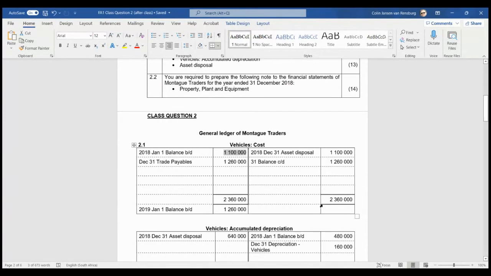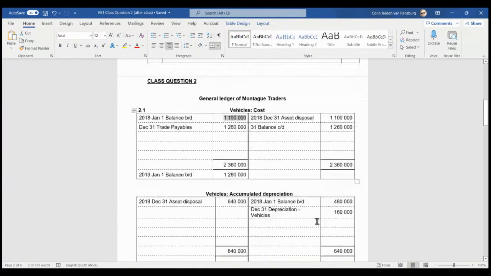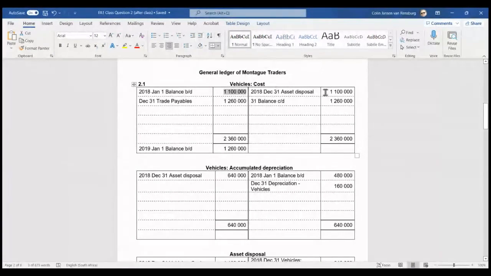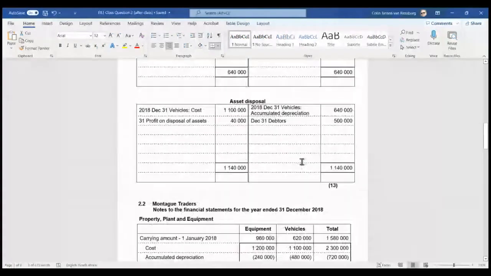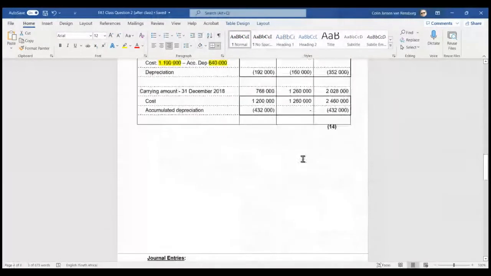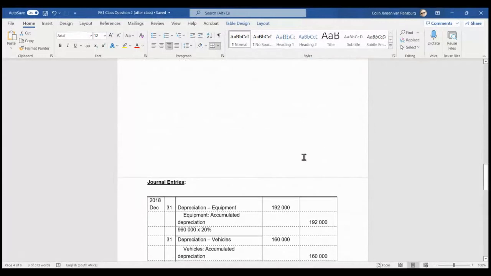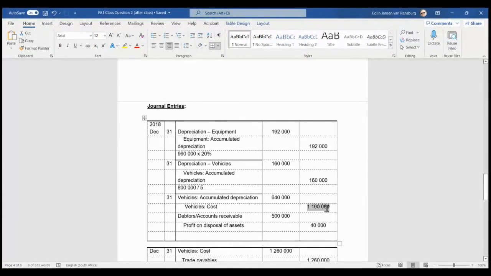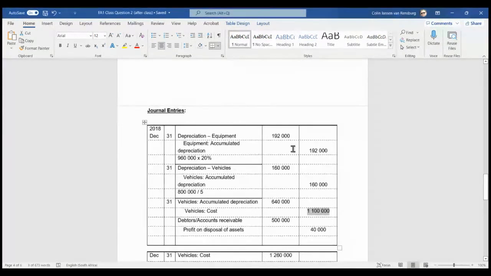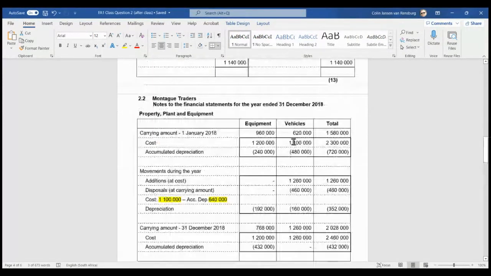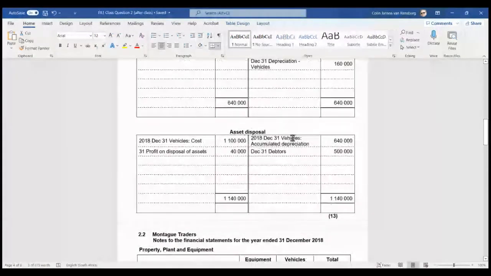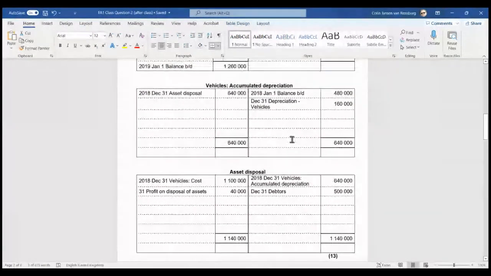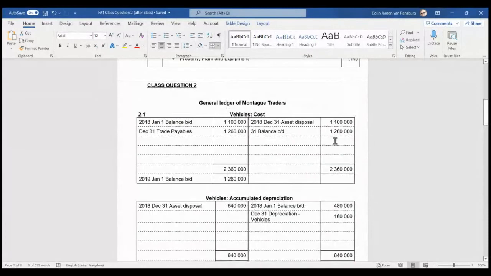And then from our journals, we saw that when we disposed of that vehicle, we credited the account. I'm not going to go down to all of them; I will post this so that you have all the journal entries. So it's just a matter of posting them up to your ledger account.